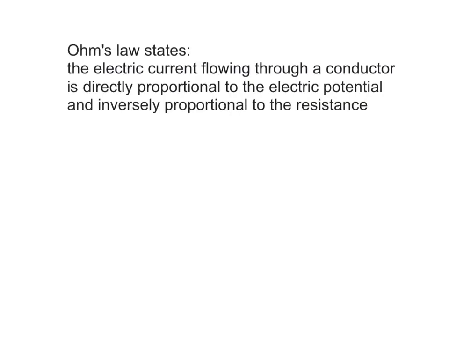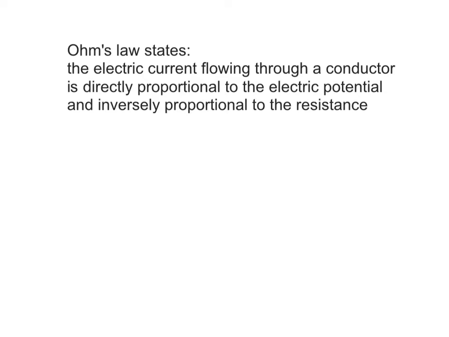So here's what Ohm's law states. The electric current flowing through a conductor is directly proportional to the electric potential. Electric potential is also known as voltage sometimes, or something called the electromotive force, and it's inversely proportional to the resistance.